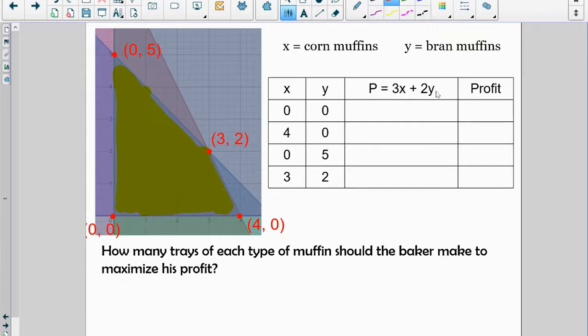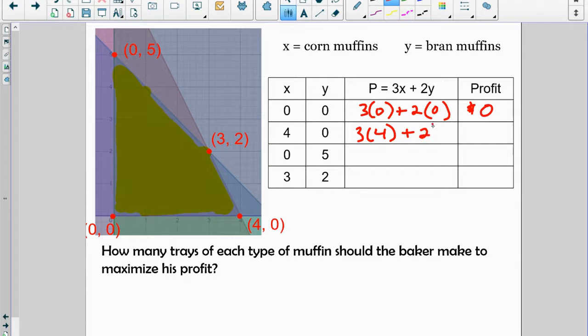And I have my objective function from the previous page: $3 profit for each tray of corn muffins and $2 profit for each tray of bran muffins. Let's calculate total profit. So we substitute our values for x and y into our equation. So 0 trays of each will result in a profit of $0.